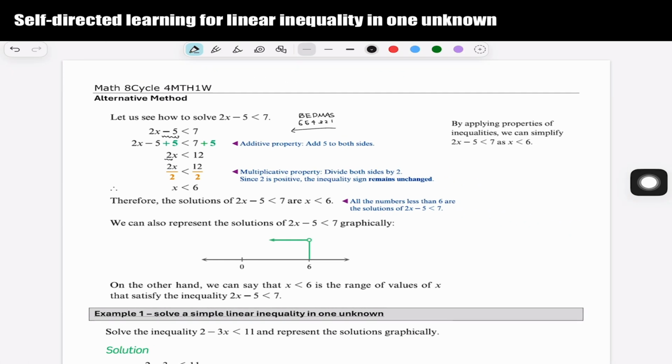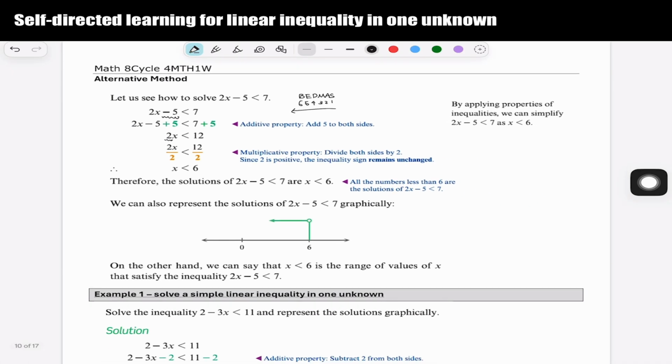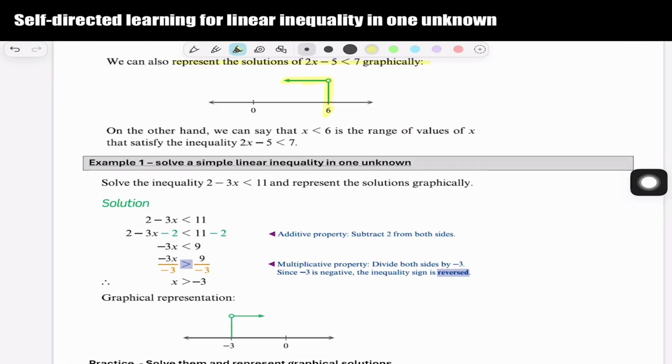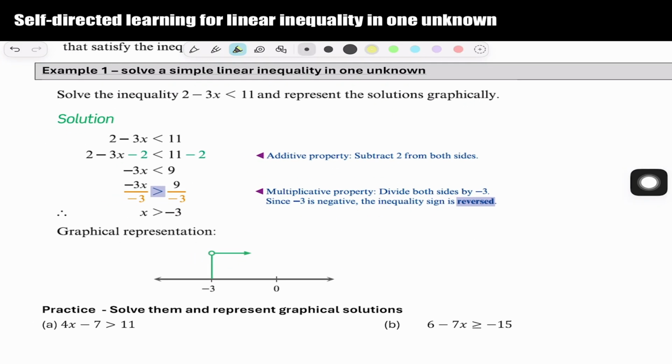After this, you will also have to represent the solution graphically. So this is the solution that we have. You can see there are some examples, and hopefully you can read them and understand what they are doing. What we are actually doing is isolating the unknown.